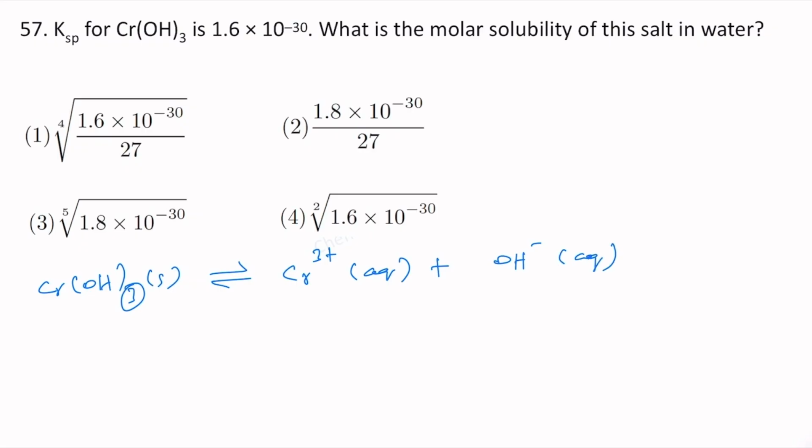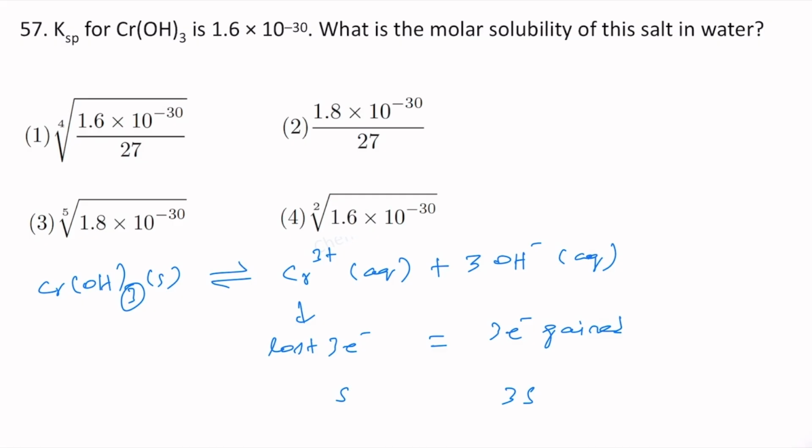To balance the equation, we need to put 3 here, because here chromium lost 3 electrons. Therefore, 3 electrons must be gained here, because the number of electrons lost should be equal to the number of electrons gained. Therefore, if the molar solubility of chromium 3 plus is s, then the molar solubility of OH minus is 3s.